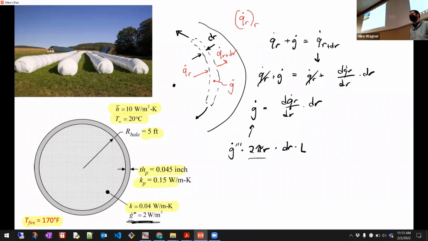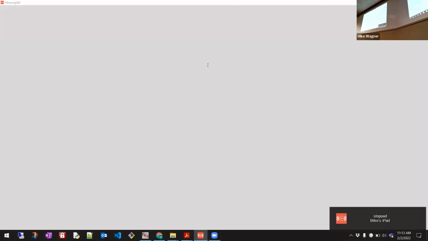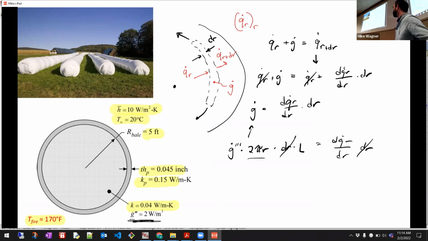So that's G dot. Now we can plug that in here, equal to dQ dot r/dr. And now look what happens. We have dr on both sides. You should almost always get to this situation where you can cancel out that dr. So here we've canceled out our dr's.